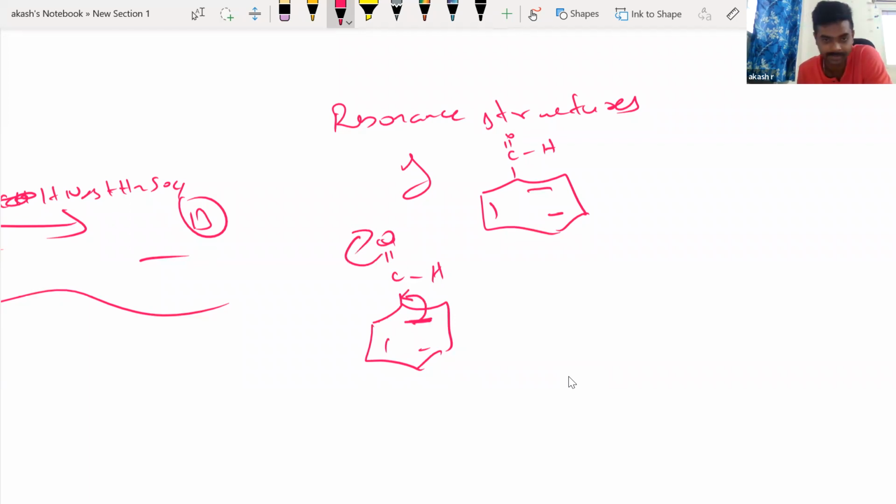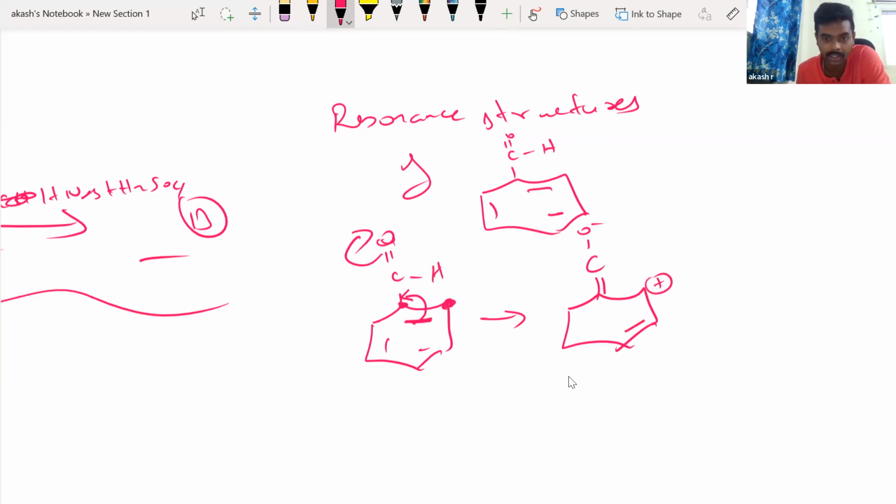That's the first step, right? If you do that, what will we get? We will get CO minus, and this double bond shifted to this carbon. Basically, a bond is broken from here and the same bond is formed here. No issues, right? But what about this carbon? This carbon has lost an electron, so that carbon will now get a positive charge.